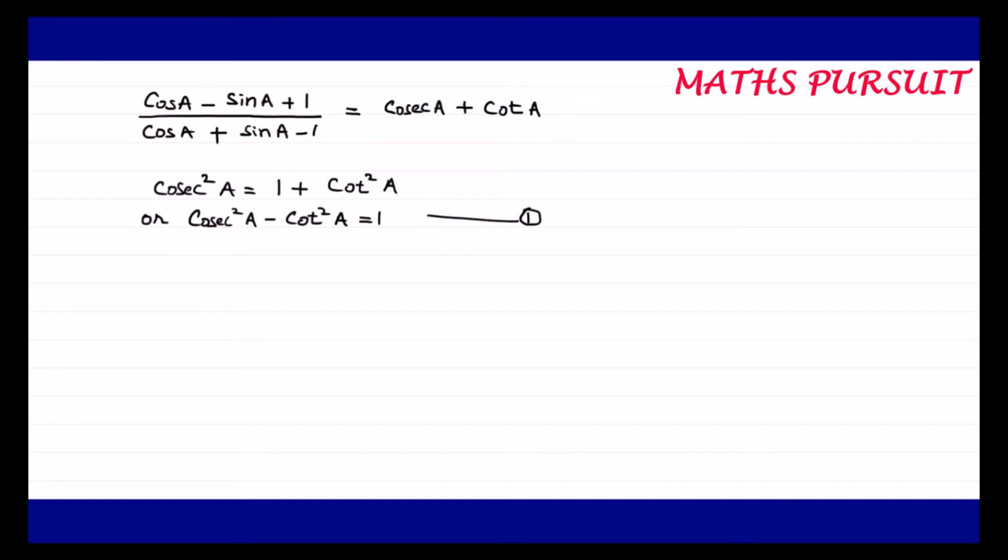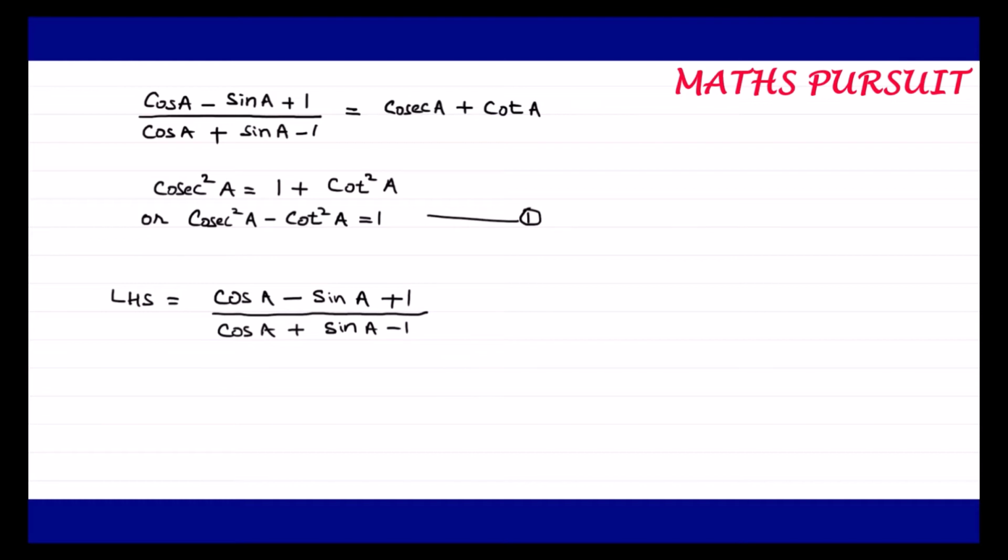Now let's see. The left hand side of the equation is equal to (cos A minus sin A plus 1) upon (cos A plus sin A minus 1). In the next step, as I told you, I am going to divide the numerator as well as the denominator by sin A. Why am I doing that?